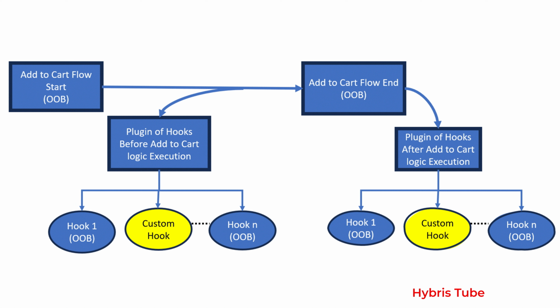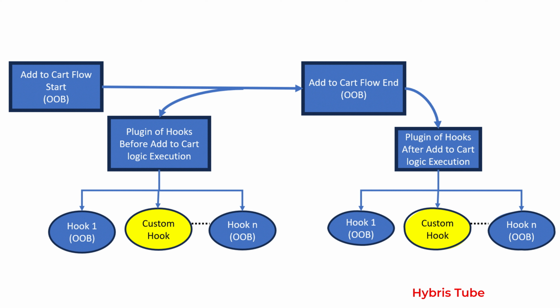So in the add to cart flow, before adding the item into the cart, we saw that multiple hooks already come into the picture. Similarly, after adding the item into the cart as well, multiple hooks come into the picture. We saw two methods, before add to cart and after add to cart.